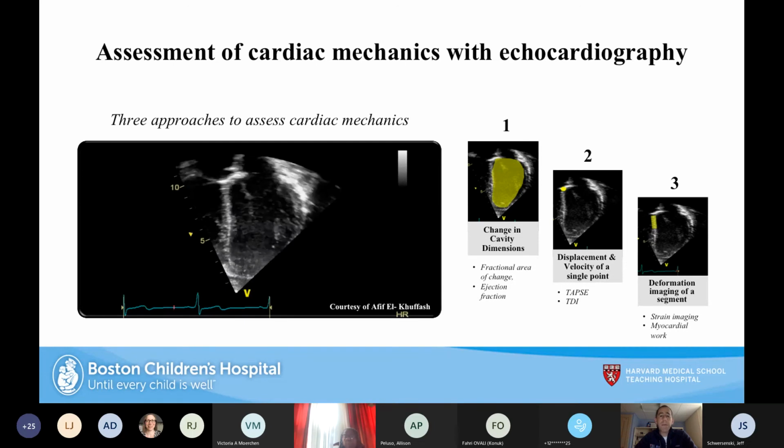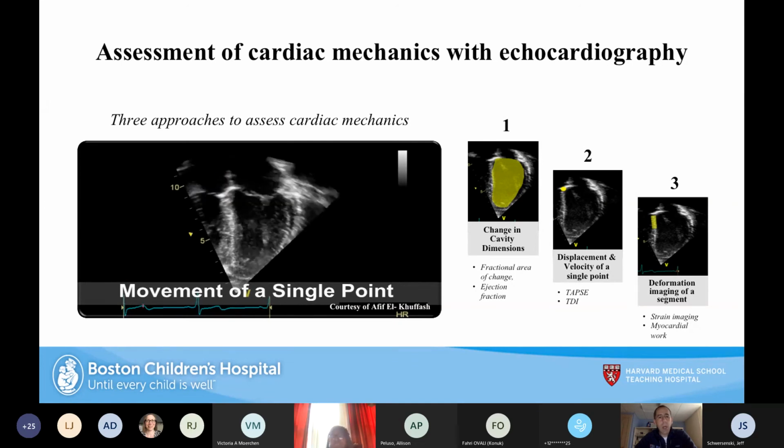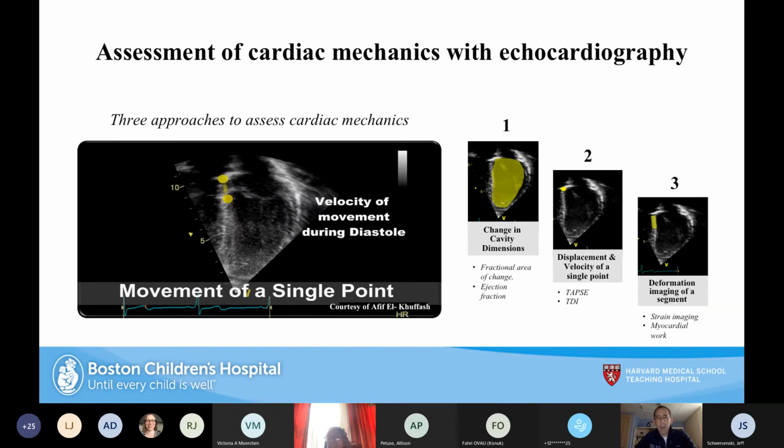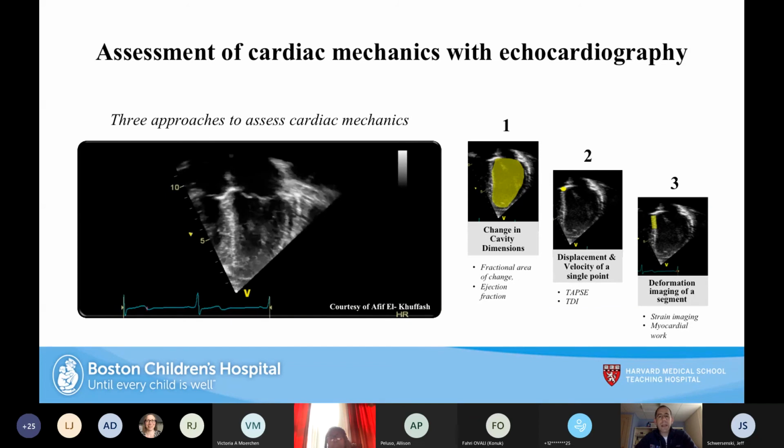Examples are ejection fraction on the left and fractional area of change on the right. You also can look at the second method, which is a displacement and velocity of a single point from baseline during end diastole to a new point at end systole. Examples are tissue Doppler imaging, TAPSE, MAPSE. All of these measures give us a sense of the displacement.